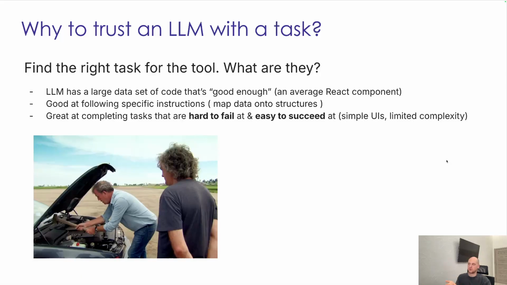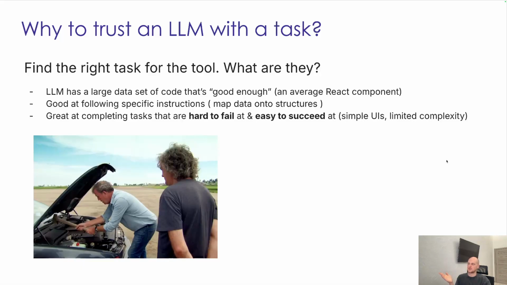But why do I still want to trust an LLM with a task given the fact that we have these downsides? Basically, I trust it because I want to offload work that even if it does with some sort of an error, or it has a percentage of an error, it still would be fine and it still wouldn't break the application, and it would be easy enough for me to step in and do the rest of the work, the rest 20% of the work.